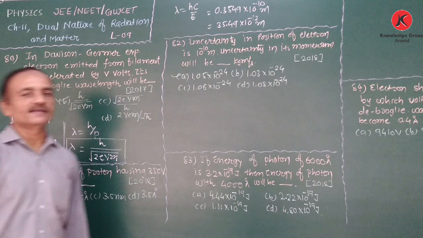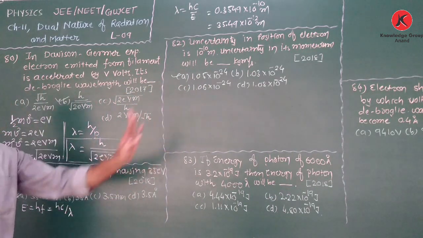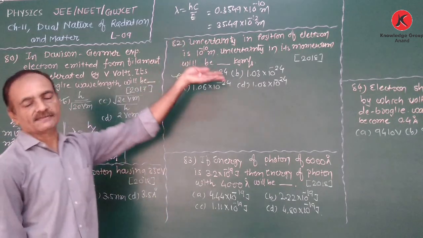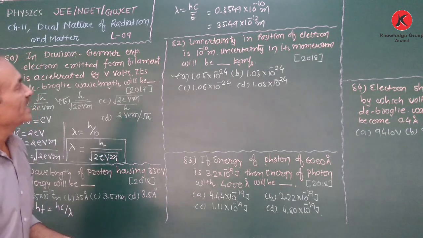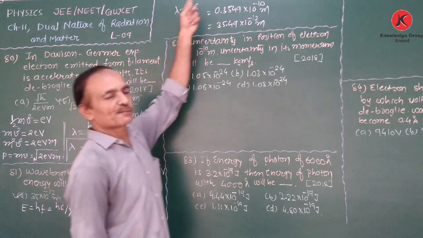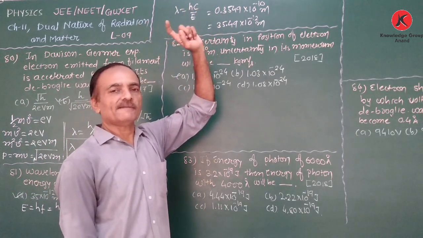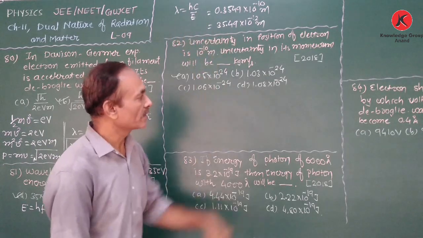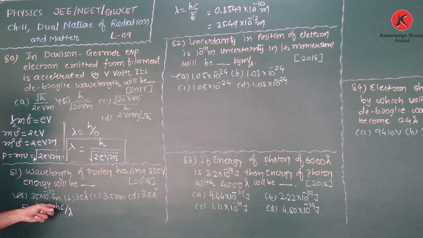We substituted the values of h, c and E. E is given in electron volts, so we converted the energy from electron volt to joule. Planck's constant is 6.6 into 10 to the power minus 34, and c, the velocity of light in vacuum, is 3 into 10 to the power 8. Clear? Okay. So we get the answer as 35 into 10 to the power minus 12 meter.